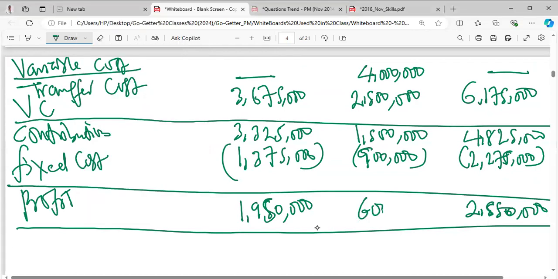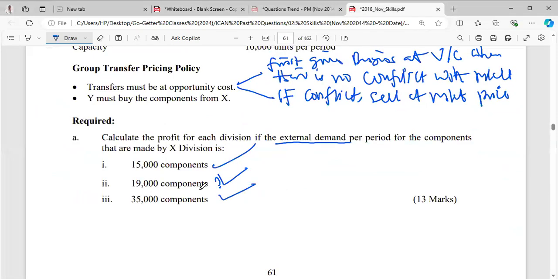If you add these two, it will give us 2,550,000. So this is what is happening. That's how to answer this question in the A part. You have answered all the questions, the profit made by each division for all these components. And that's just 13 marks.